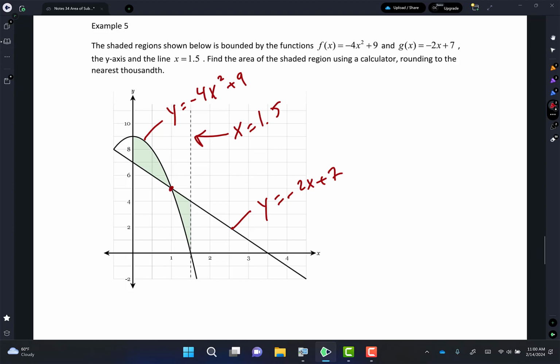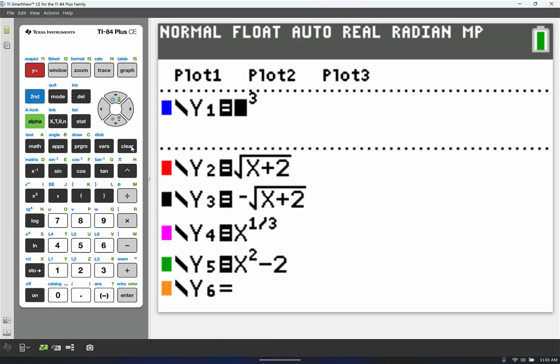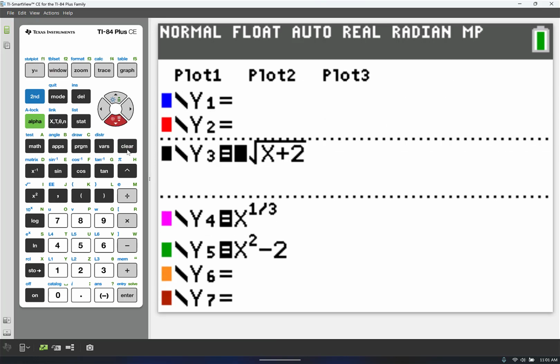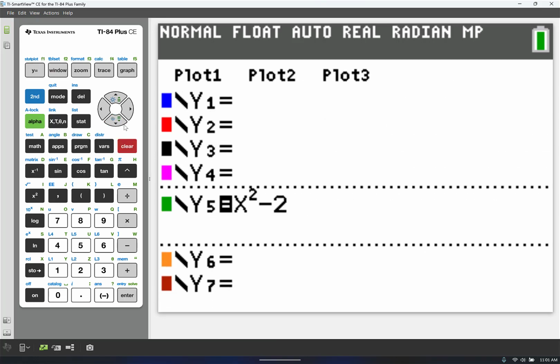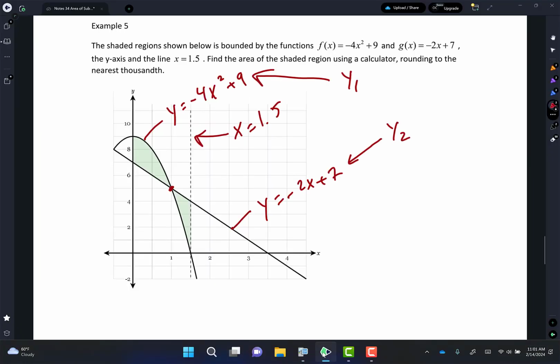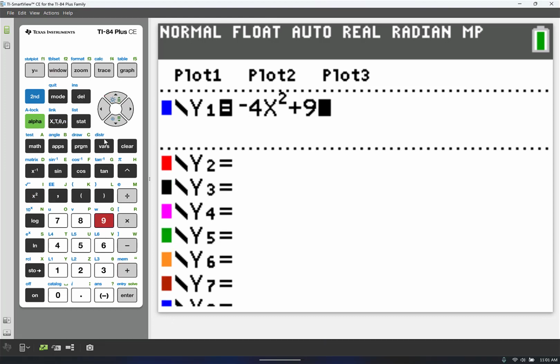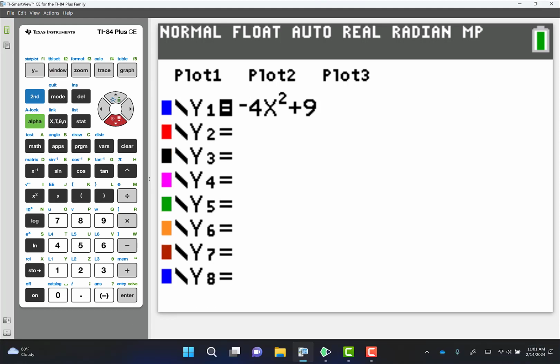I need to find that intersection. Type that into Y1. Type this one into Y2 of your calculator. So take your calculator, and I'm going to clear everything. Clear, clear, clear. I guess you could have reset it as well. Y1. And what am I going to type in Y2?